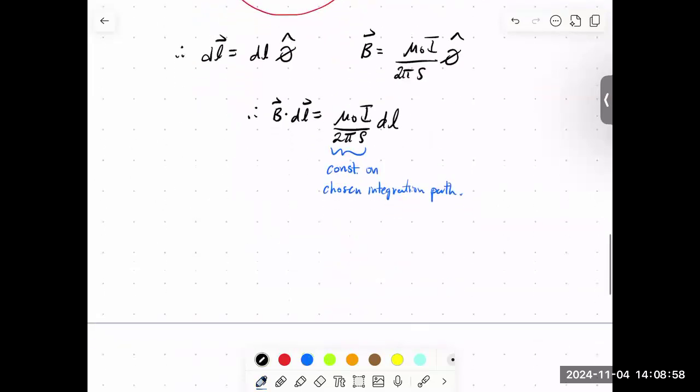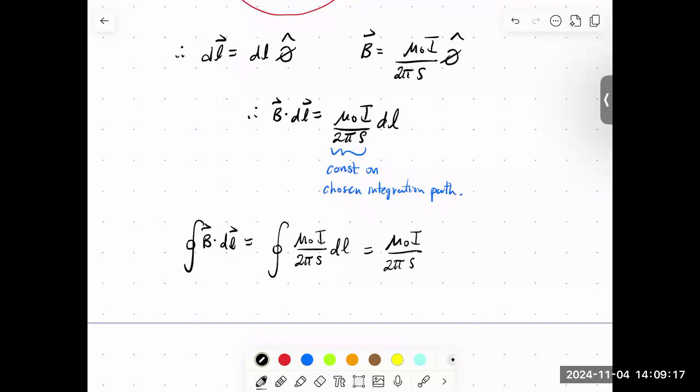If you make those good choices, then the integral that we're trying to evaluate is just the integral around the closed path of mu naught I over 2 pi s dl. But everything is constant, so it all comes outside. This is just saying, add up all the little displacements around your path. That's just going to be the circumference of our integration path.